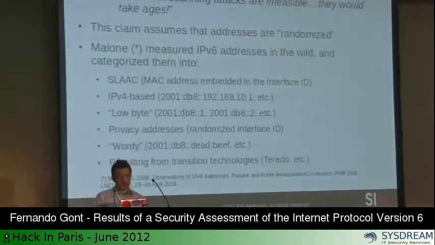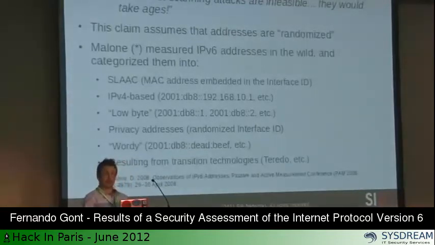So this is one of the associated myths that you typically hear about IPv6 host scanning attacks. And the claim in this case is that IPv6 host scanning attacks are infeasible, and you usually hear things such as they would take like 500,000 years or things like that.